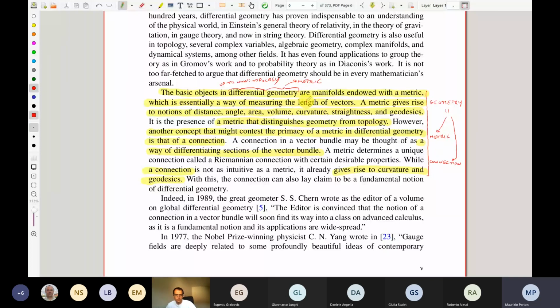And as you know from the scalar product in Rn, length of vectors means also distances, angles between them, the notion of area, volume, curvature, to be or not to be straight as a line, and so on, and minimal connecting paths which are called geodesics in differential geometry, and so on. And this is what distinguishes geometry from topology.